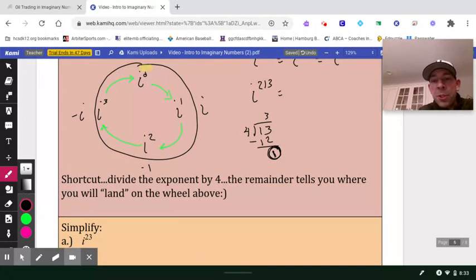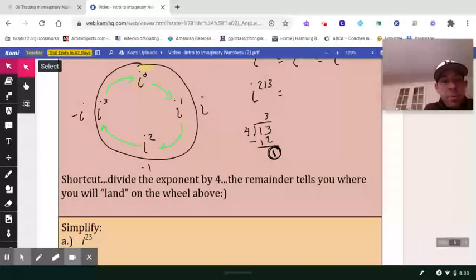If your remainder was a 2, land on I squared. If your remainder is a 3, you're landing on I cubed. Or maybe you don't have a remainder; in other words, your remainder is 0. That just tells you you're going to land on I to the 0. So just keep telling yourself the remainder tells you where you land as you go around the wheel.